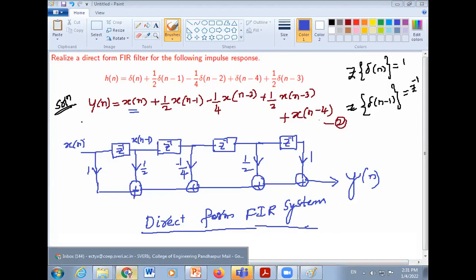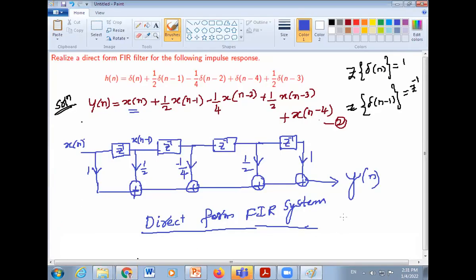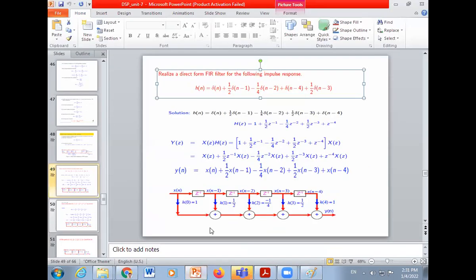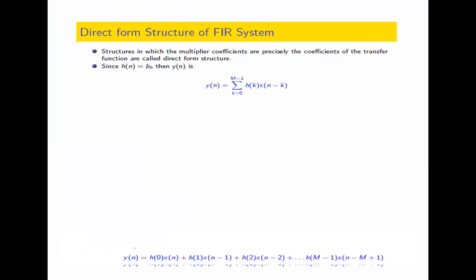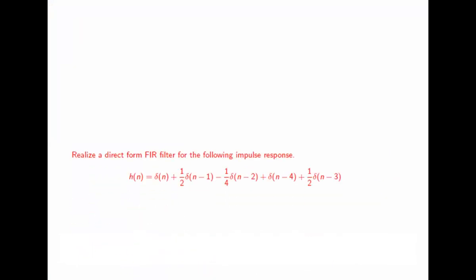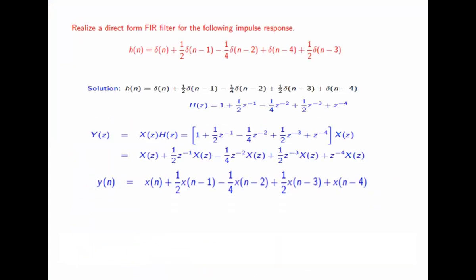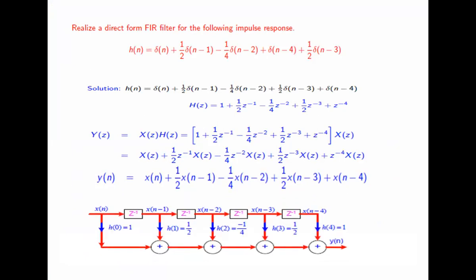Let us take a few more examples. Let me start with this PPT. So here this is what is written. This is the example they have done. So h of 0, h of 1, h of 2, h of 3 are the multipliers.